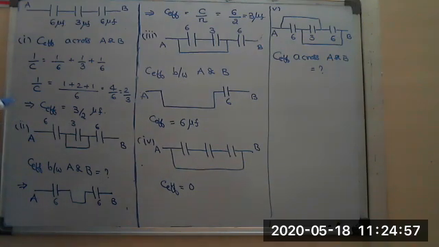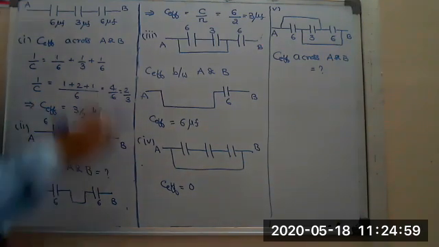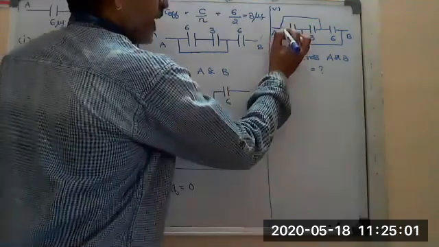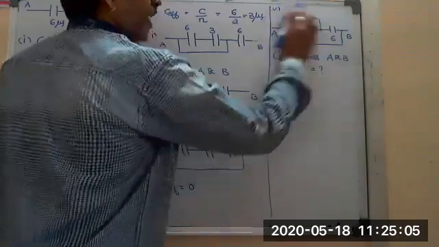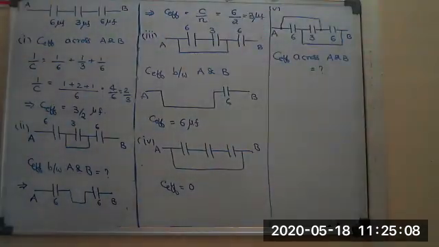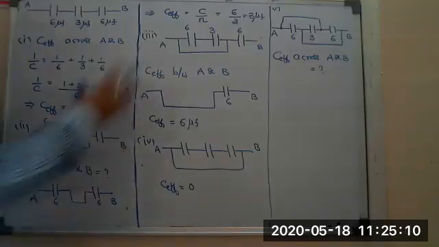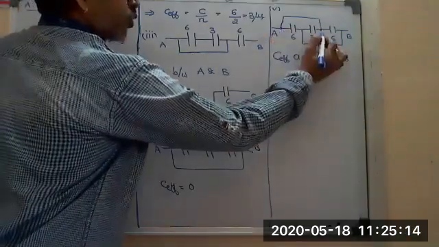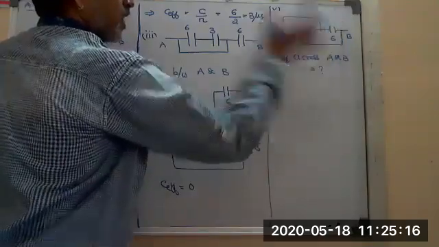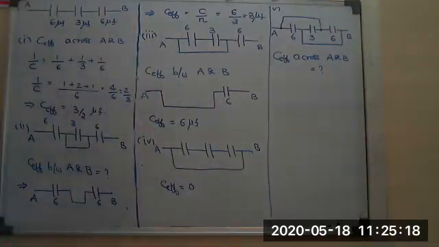What is the basic concept I explained previously? Short circuiting means you are maintaining the same potential at the two ends of that short circuit. Suppose here you maintain plus 2 volts, there also plus 2 volts, so the potential difference is 0. So come back to your basic concept, Nana.